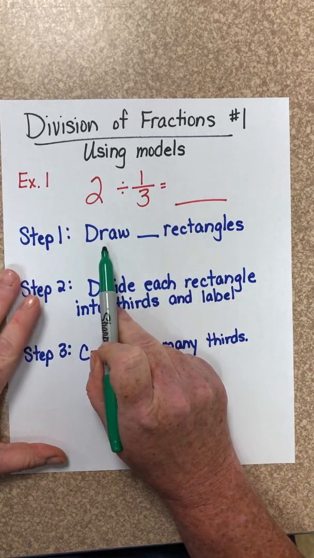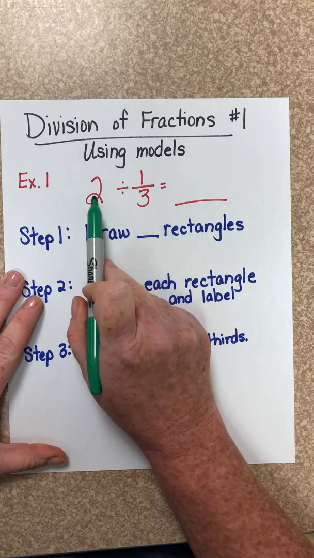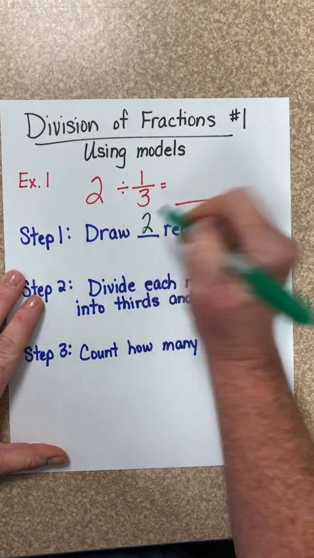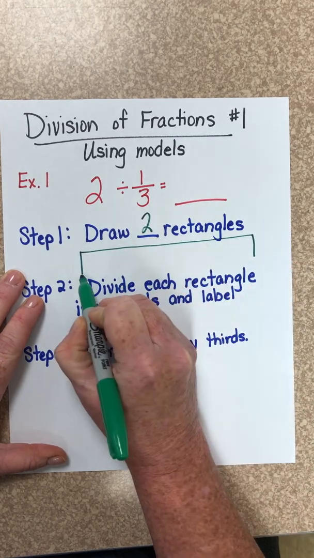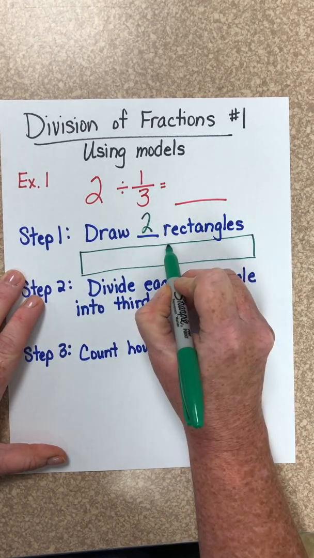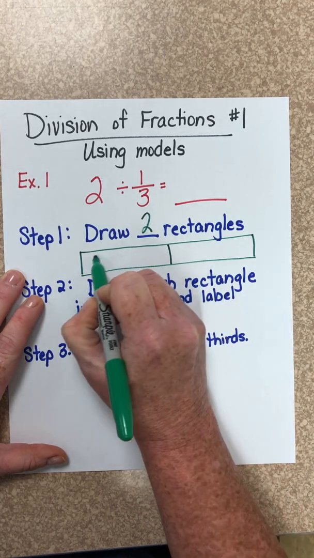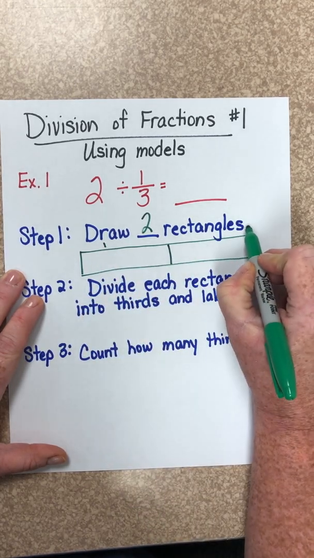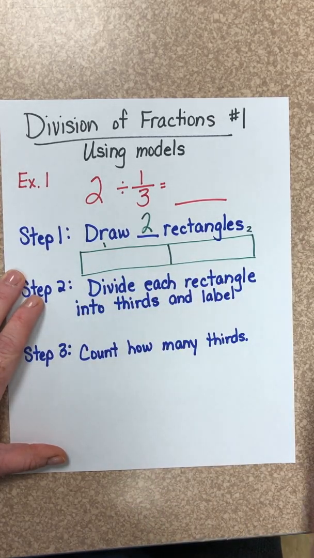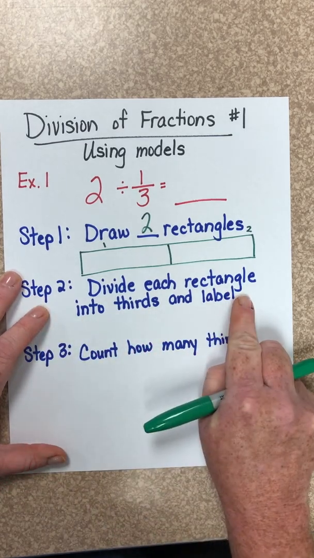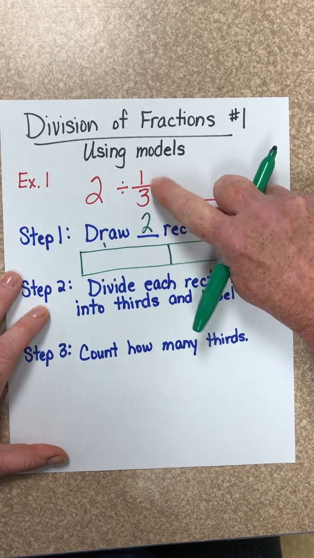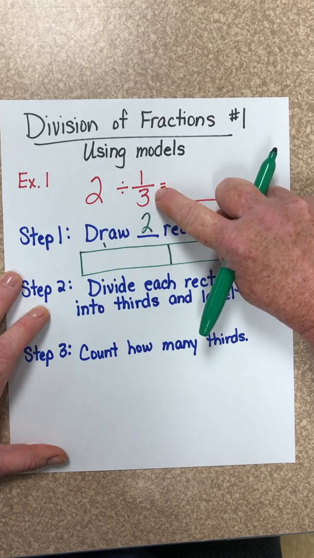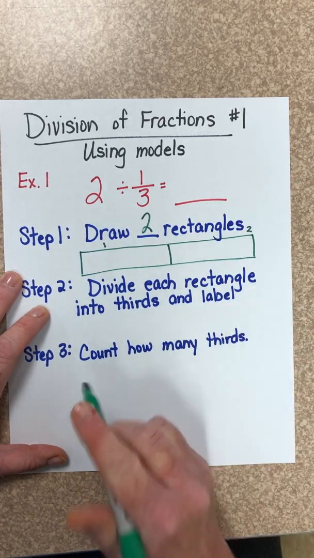Well, how many rectangles should we draw? 2. So let's begin by drawing 2 rectangles. So this is our first rectangle and our second rectangle. Second step, we're going to divide each rectangle into thirds, and I got that from the divisor, which is 1/3. It's a unit fraction, and we're going to label them, of course.